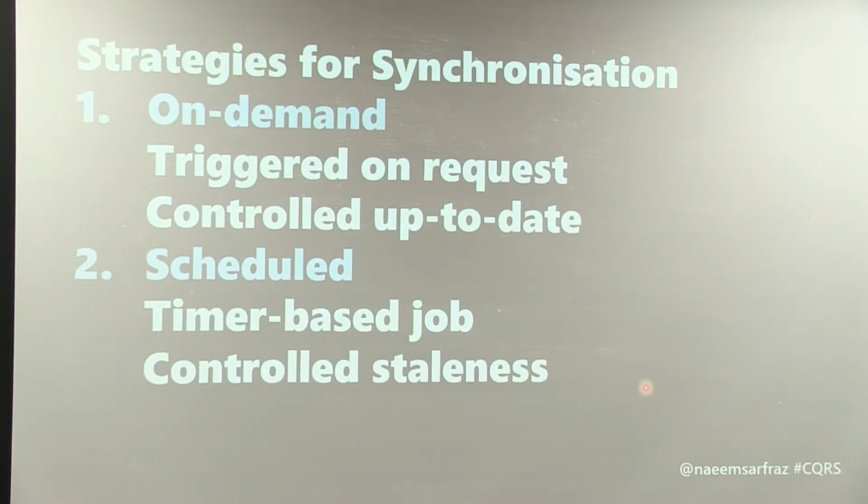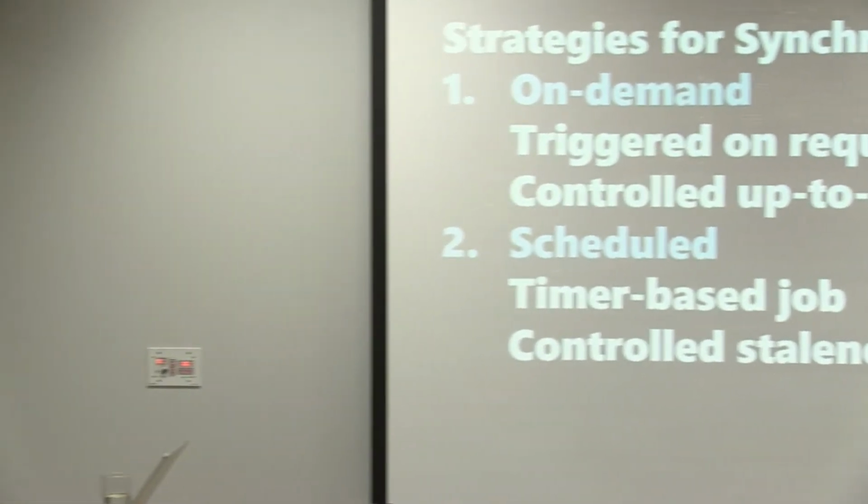That's quite simple. So on demand, part of that same transaction, everything's synchronous. The problem there could be that when the user is making that change to the system, it might take a little bit longer for the transaction to persist, because we're not only updating the write store, we're also updating the read store at the same time.